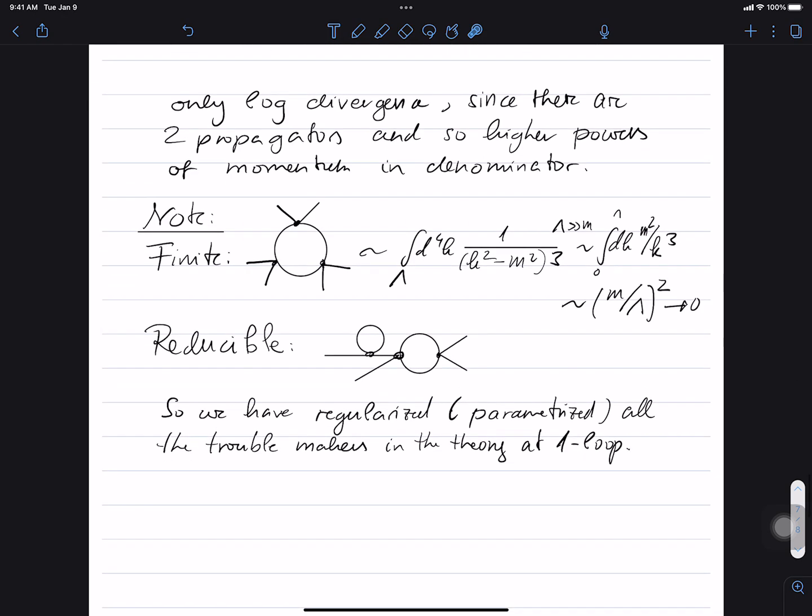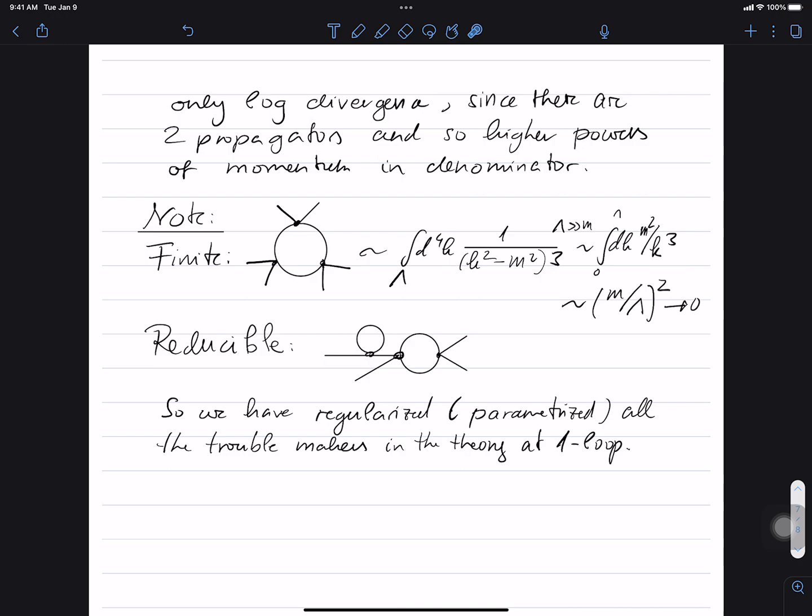Right. Now the next diagram, of a 3 to 3 process, with a one loop irreducible contribution to it, has 3 propagators, as you see. If you take this, you have 1 over k squared minus m squared to the cubic power. The numerator goes as k cubed, and the denominator goes as k to the 6. So the whole thing goes as 1 divided by k cubed dk.